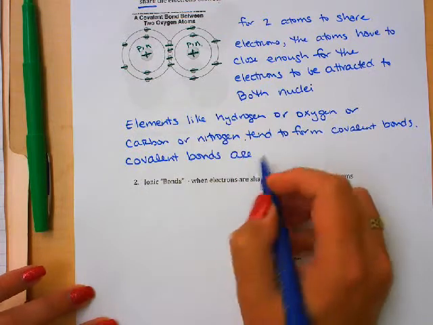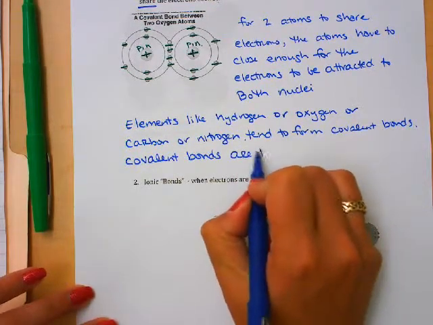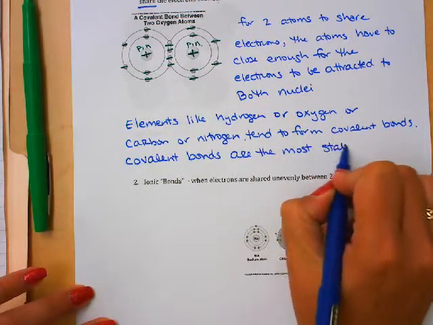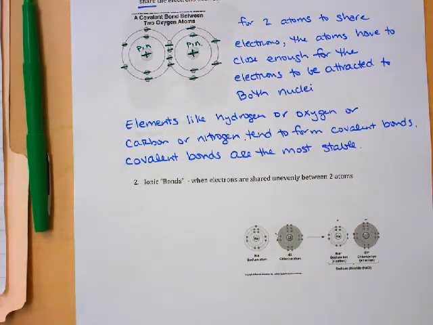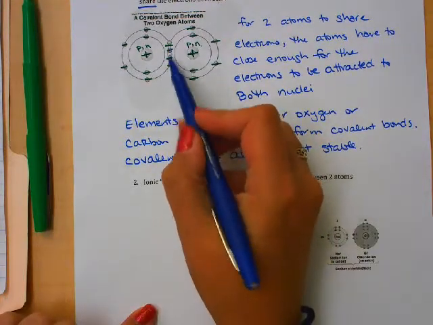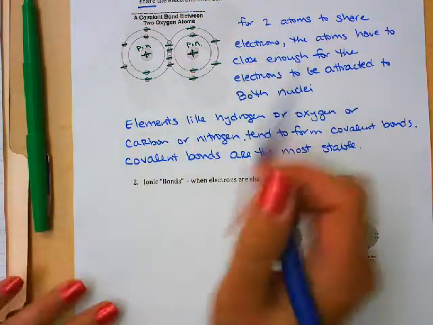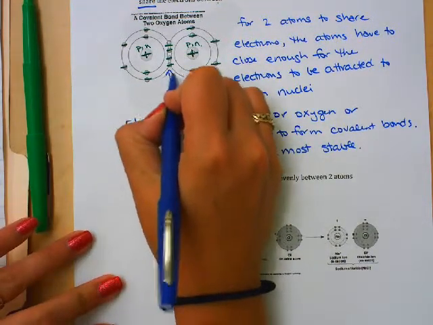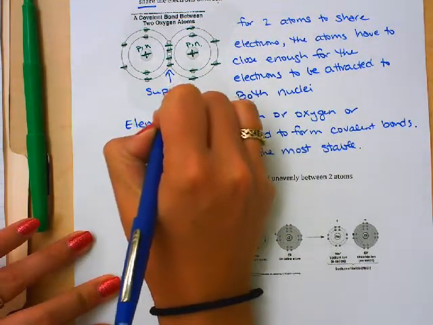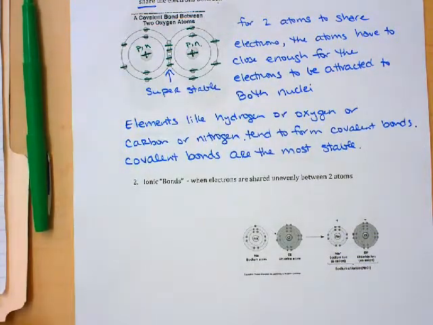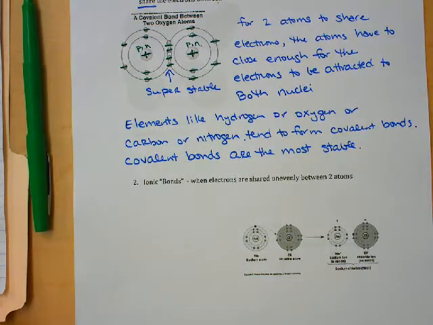And of the 4 bonds we talk about, covalent bonds are the most stable. It takes a lot of energy. Once these electrons are shared, it takes a lot of energy to push them back apart. That's a super stable arrangement.